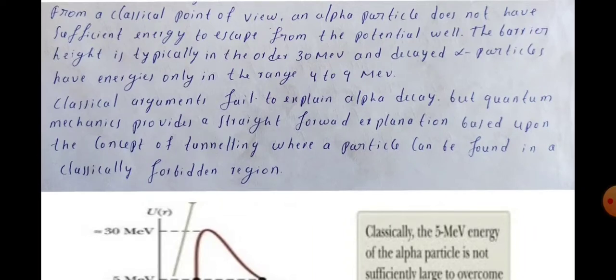The classical argument fails to explain alpha decay, but quantum mechanics provides a straightforward explanation based upon the concept of tunneling, where a particle can be found in a classically forbidden region.